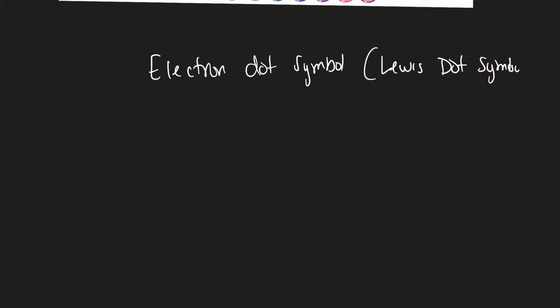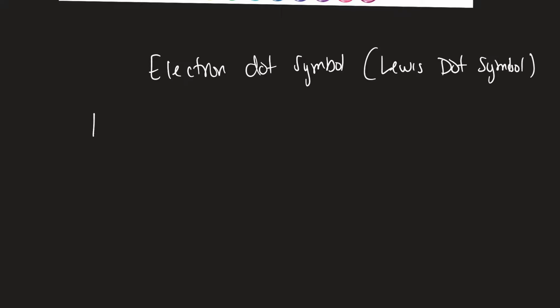They are both the same. Basically, you write the symbol of the element, and you also draw the number of valence electrons as dots around that symbol itself. Let me show you what I mean by that.